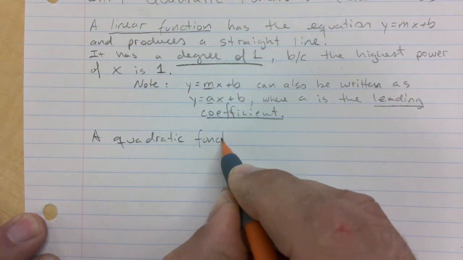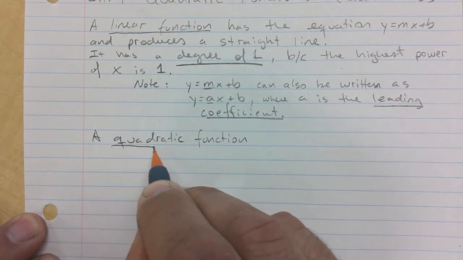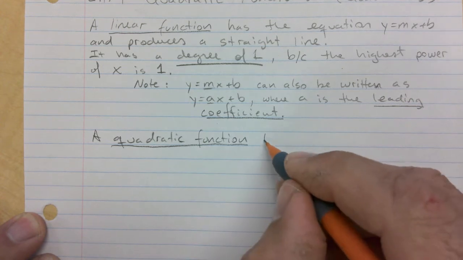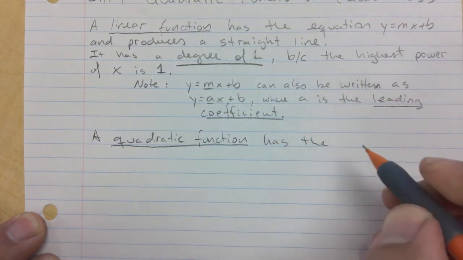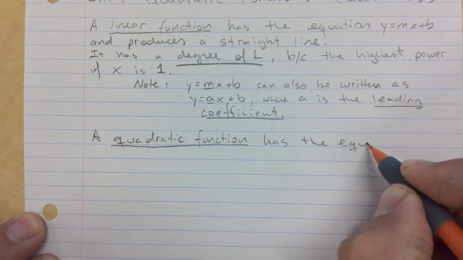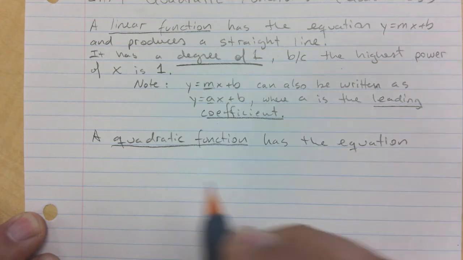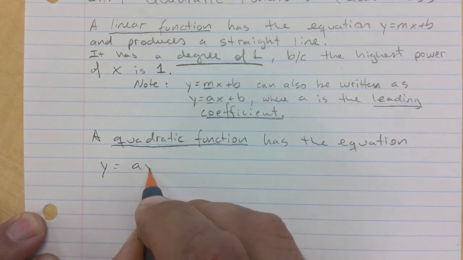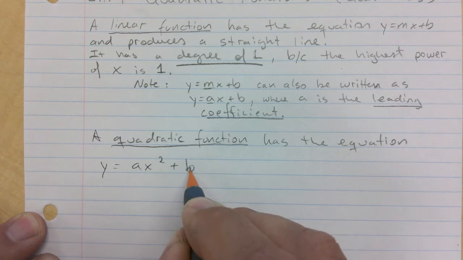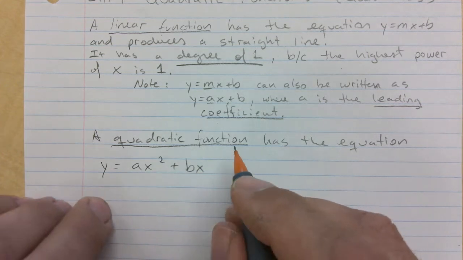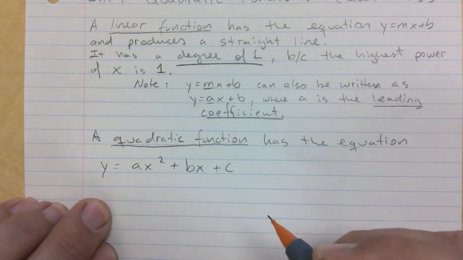A quadratic function, on the other hand, right, has the equation y is equal to ax squared plus bx plus c.